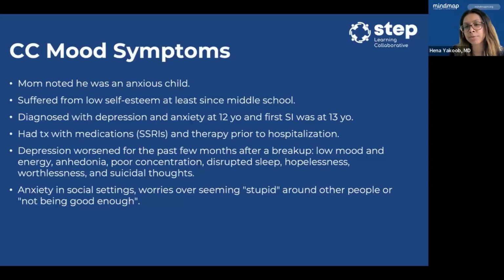And to our knowledge, his first suicidal ideation developed around the age of 13. He had treatment only with SSRIs, antidepressants in the past, and also some therapy prior to this hospitalization, where he presented with psychosis.